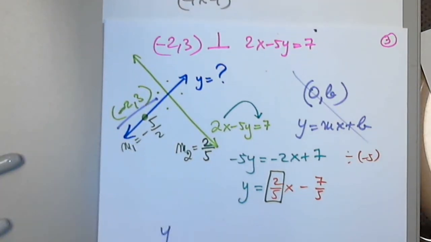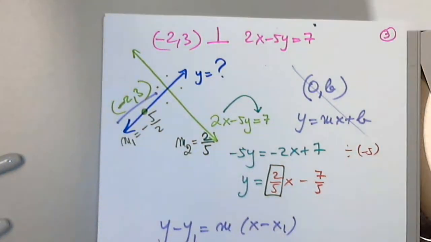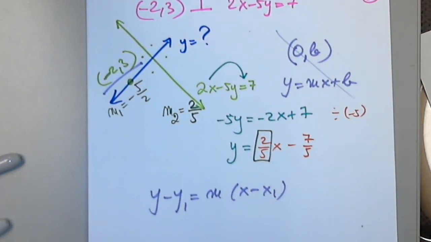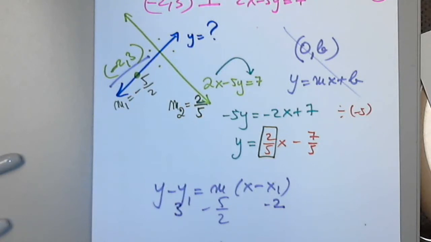So I have y minus y1 equals the slope times x minus x1, in which I will replace the slope by negative 5/2, and negative 2 is x1, and 3 is y1. So let's work on this for half a minute and get the equation. And we have to solve for y. In the meantime, please choose another problem to work on.